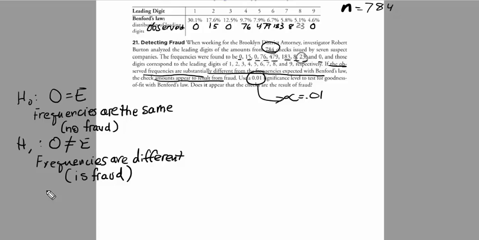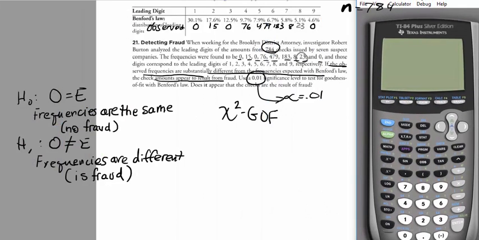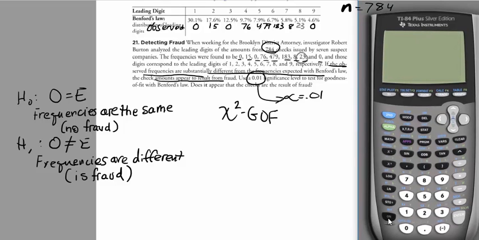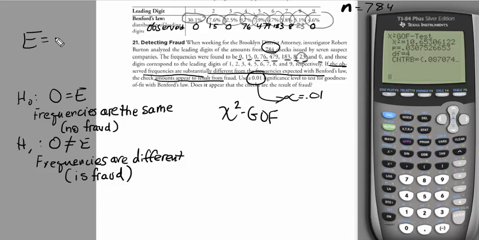So now, just be aware that I'm going to use the same chi-squared GOF test here. So now, let's go back to the calculator. And I want to enter the observed and the expected frequencies in the calculator today. Now, because these are not equal, I know they're not equal because they're giving me the percentages that these are all happening at, then the expected frequencies are not n over k.